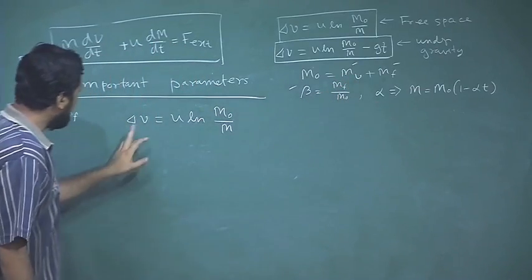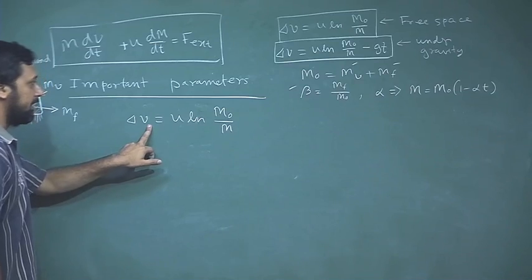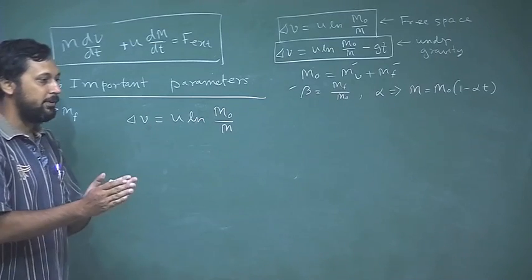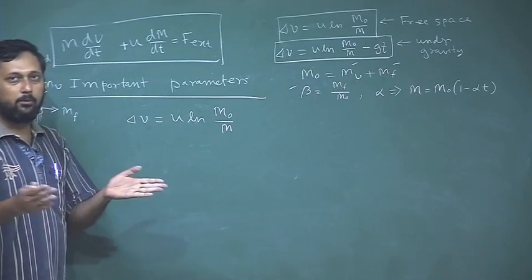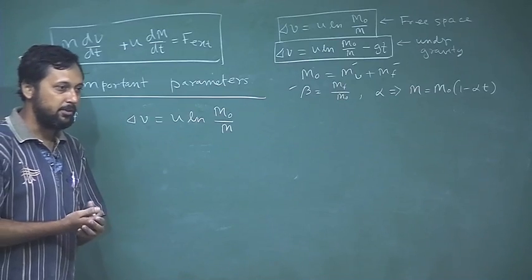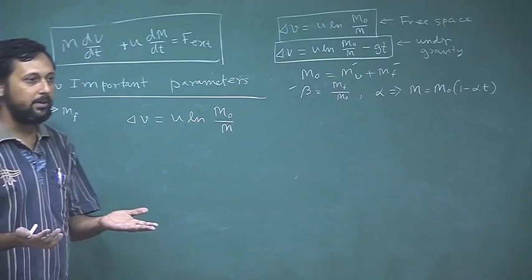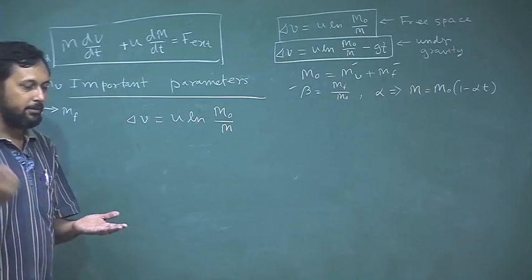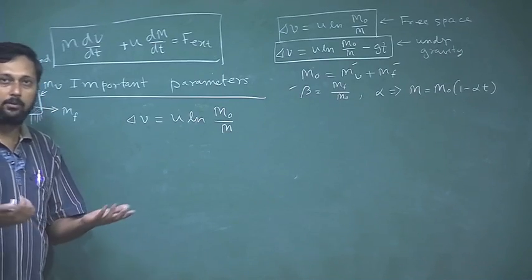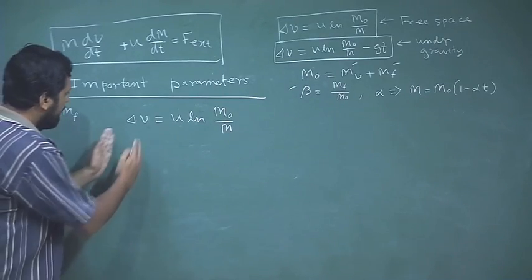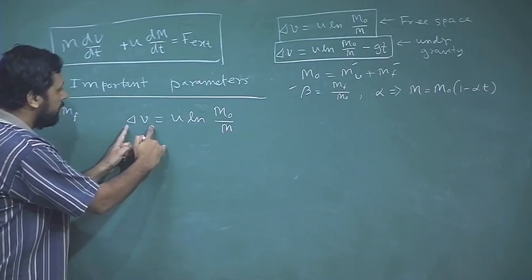In order to get the final velocity change, let us say it initially starts with a velocity of maybe 0, maybe a moderate velocity of 100 meters per second, or a high velocity of 10,000 meters per second, but we are more interested in the velocity change.